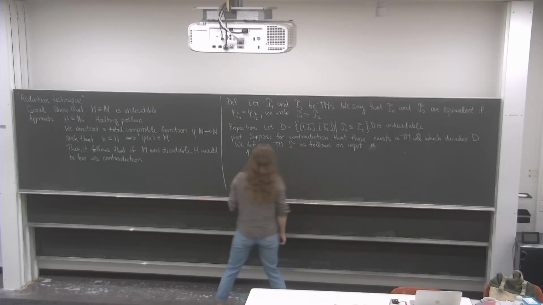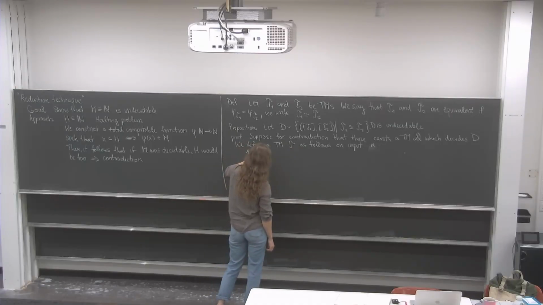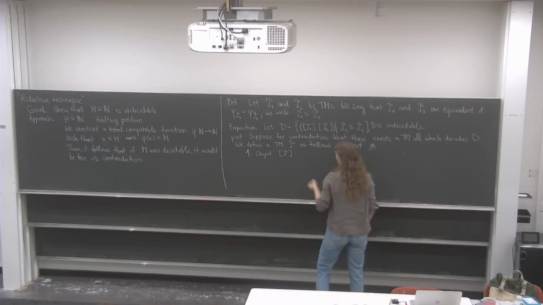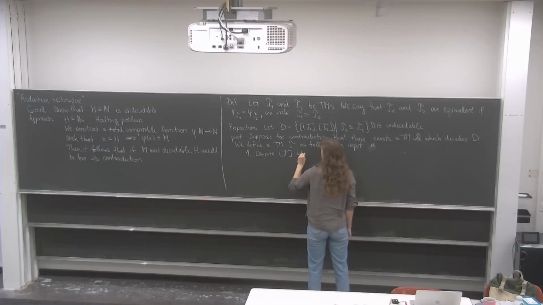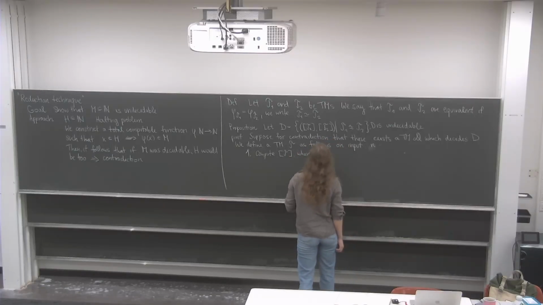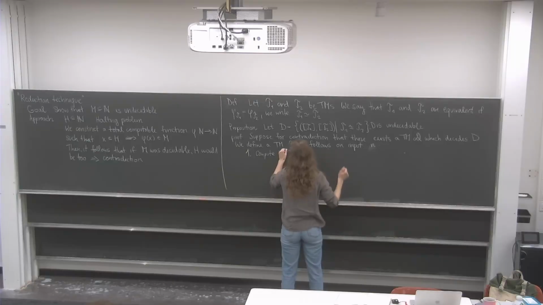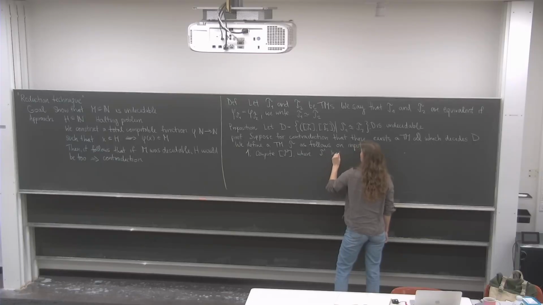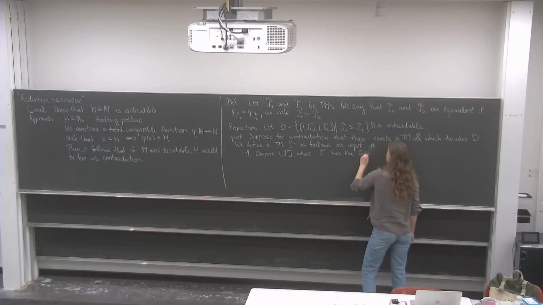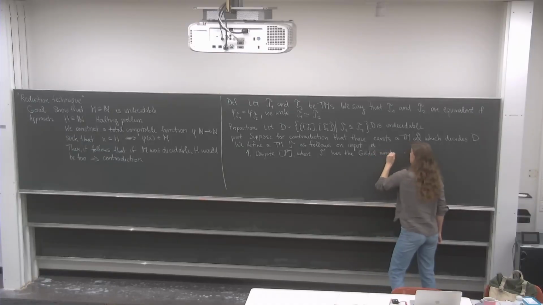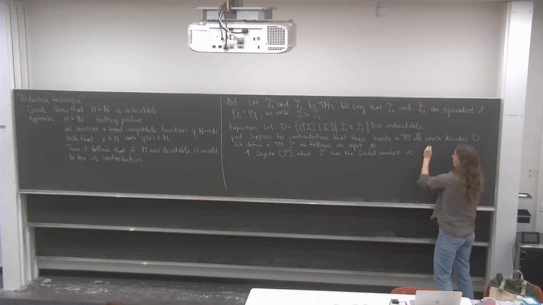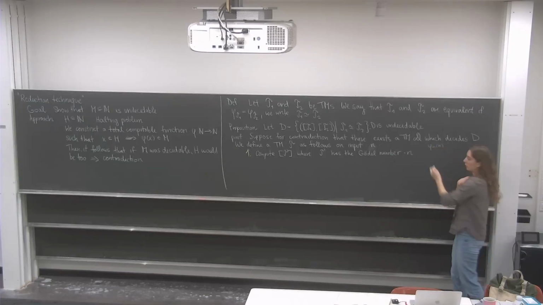So first we're gonna compute the description of T prime, where T prime has the Gödel number n, and essentially we're now trying to use D to answer the question whether phi n is defined. This is what we're trying to do.